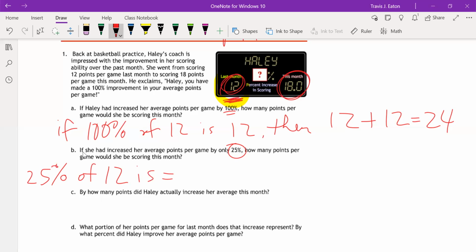Remember the tape diagram? We could set up an easy tape diagram. That would be great. Here's 0, right? 0%. And 12 would be 100%.